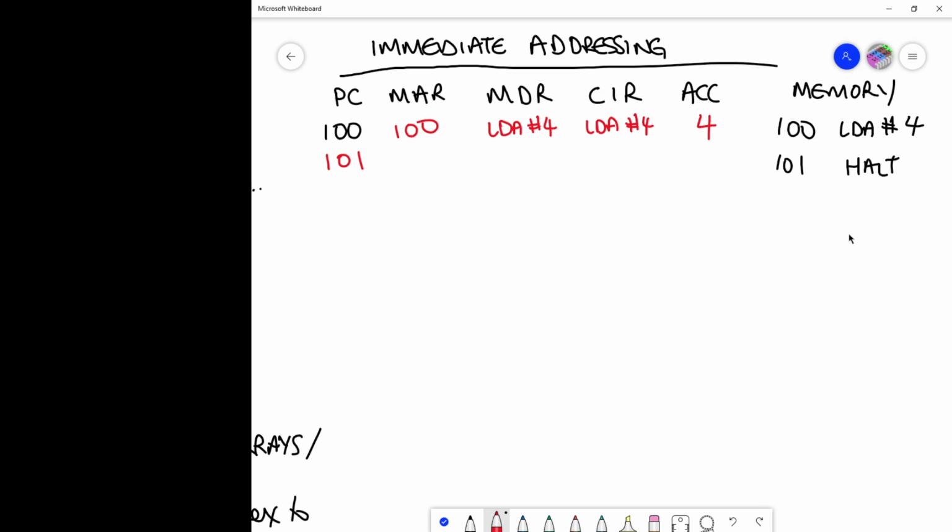There are caveats to immediate addressing. You're limited to the size of the numbers because you've got your opcode and your operand, and they've got to fit in the instruction. So if you've got a 16-bit instruction format, you can't have a 16-bit number that you load immediate, because you've got opcode bits and you've got the effective address bits. So you're limited.